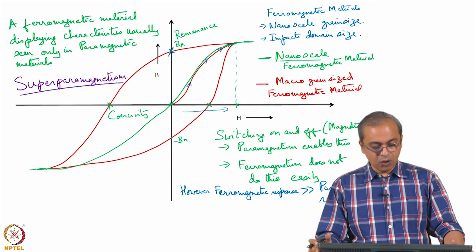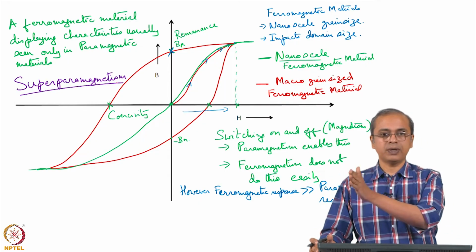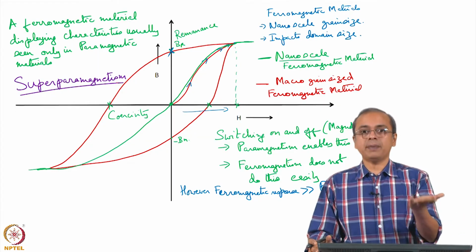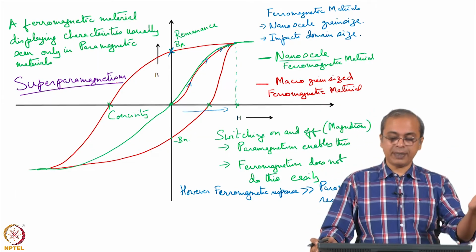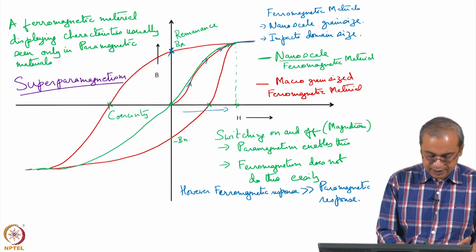And this is called superparamagnetism because of this on off behavior, where you switch on you get the response, you switch off you drop to 0. But we do not call it paramagnetism, instead we call it superparamagnetism because the value of saturation magnetization is very high.